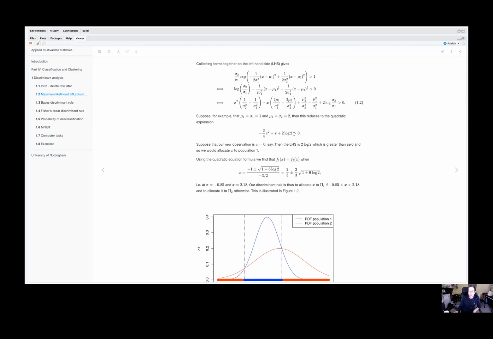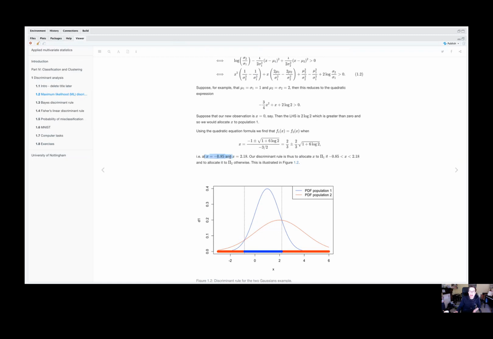If we solve where it equals 0 using the quadratic formula, we find that it equals 0 at x equals minus 0.5 and x equals 2.18. If we plot this, we've got our two densities: population 1 with mean 1, variance 1, and population 2 with mean 2, variance 2. We can see where they cross. They cross at minus 0.85 and 2.18.